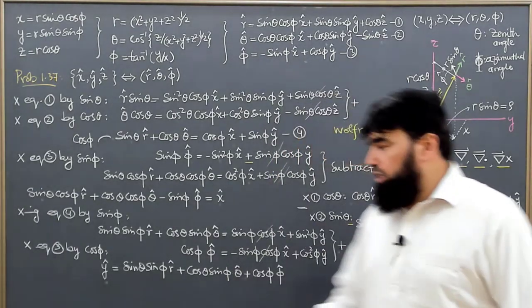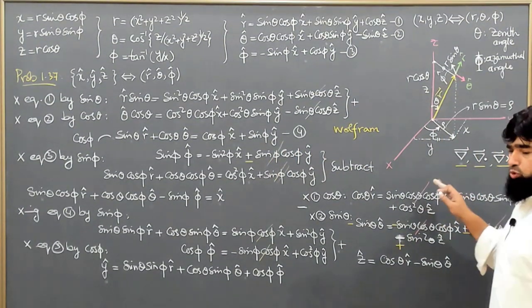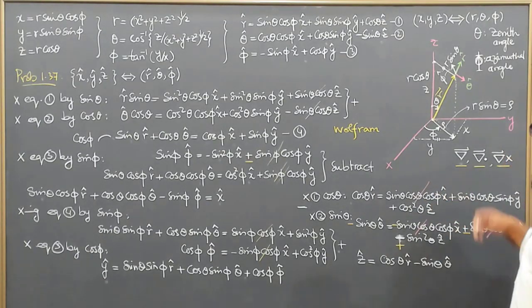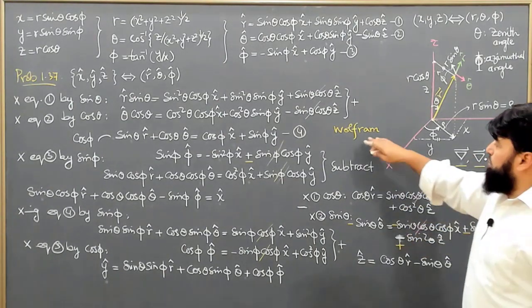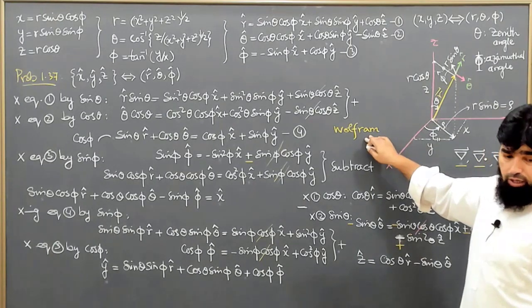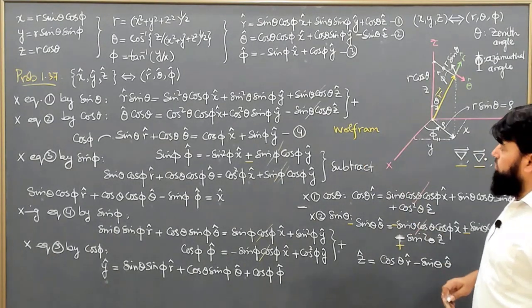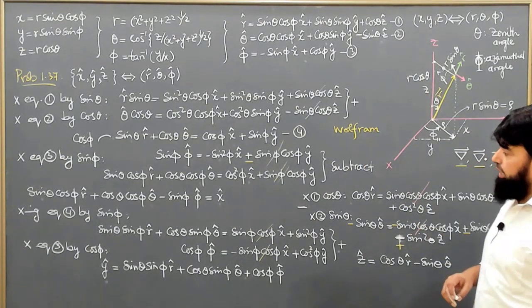The gradient will take almost an hour to do these calculations, and similarly the divergence and curl. When we do cylindrical polar coordinates, we can convert into those as well. Mathematica Wolfram will give you all the calculations, and you can check them online.